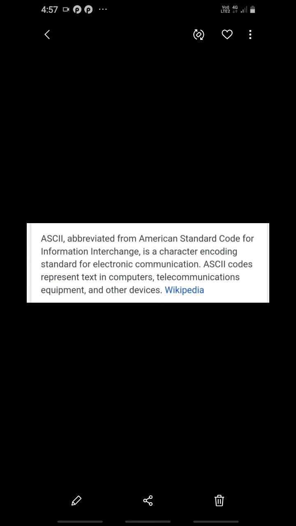In other words, the codes which consist of both numbers and alphabetic characters are called alphanumeric codes.